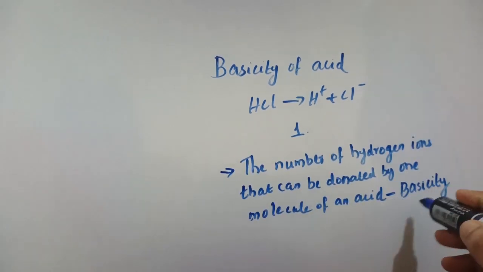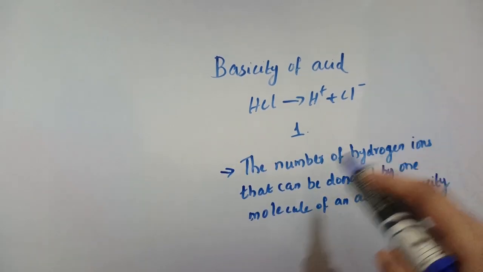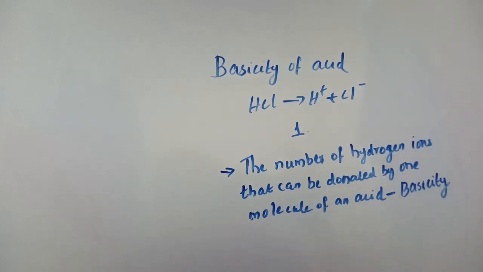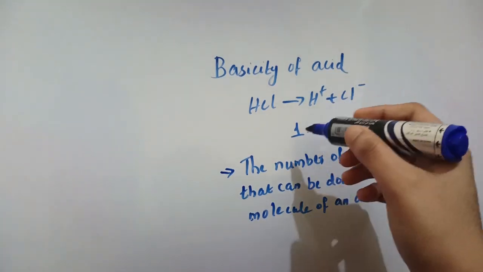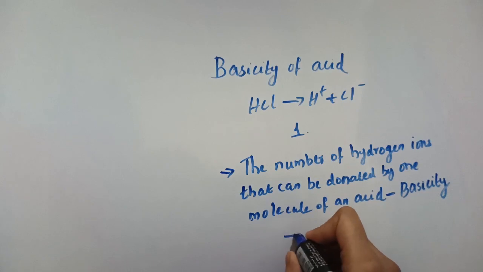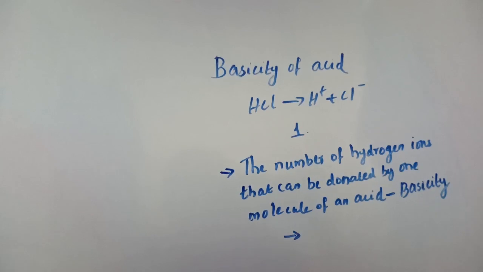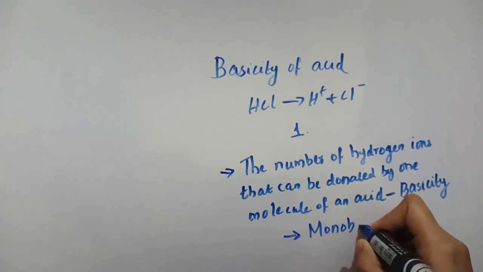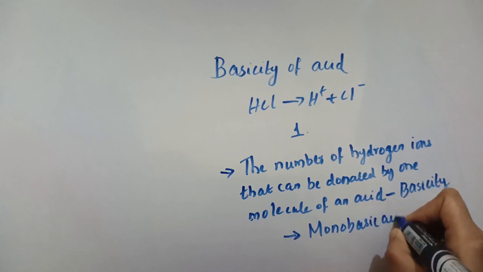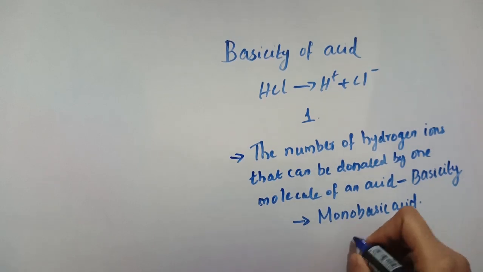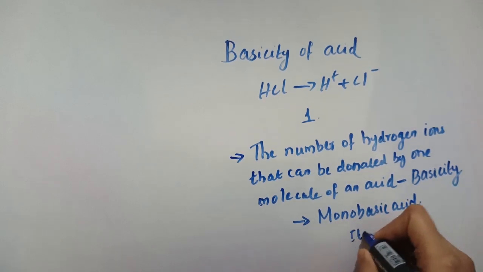I repeat, basicity is the number of hydrogen ions that can be donated by one molecule of an acid. In the above equation, basicity is 1 because here one hydrogen ion is released. Therefore, it is said to be a monobasic acid. That is, monobasic acid means its basicity is 1.